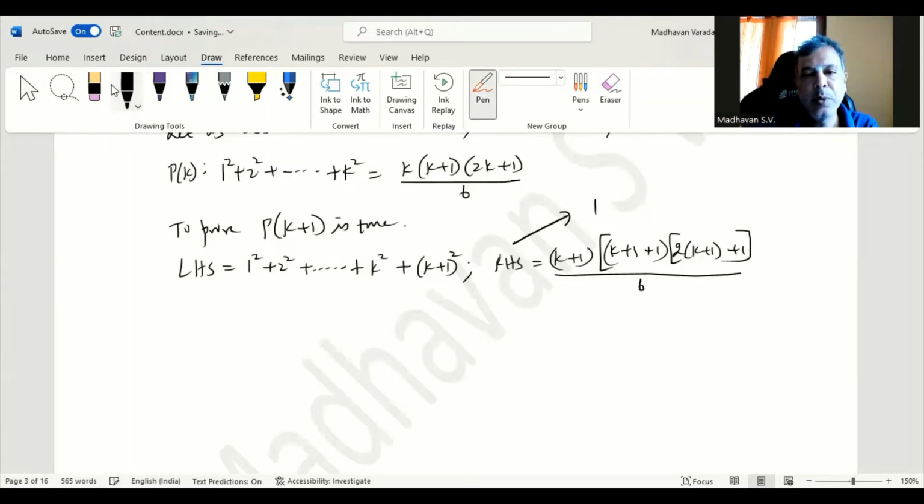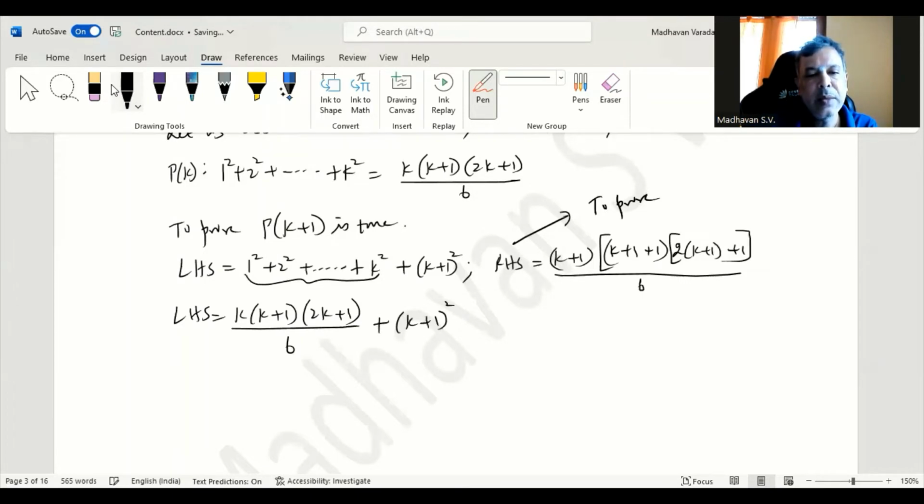This is to prove using the left hand side. Now LHS can be written as this term we are already having, which is k into k plus 1 into 2k plus 1 by 6 plus k plus 1 the whole square. Now the LCM is 6, so we can rewrite it as k plus 1, 2k plus 1 plus 6 times k plus 1 the whole square.